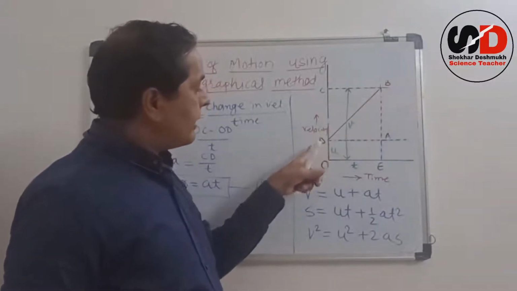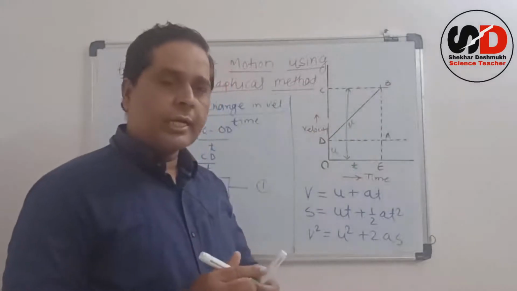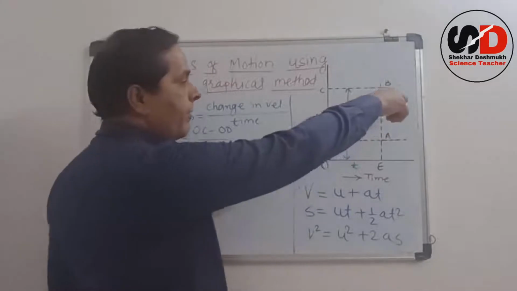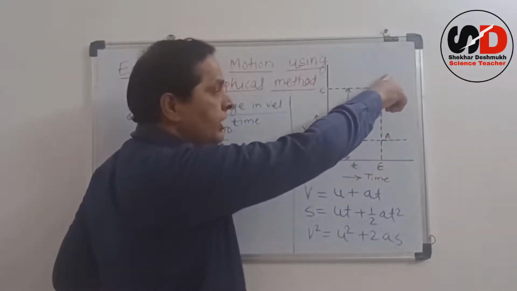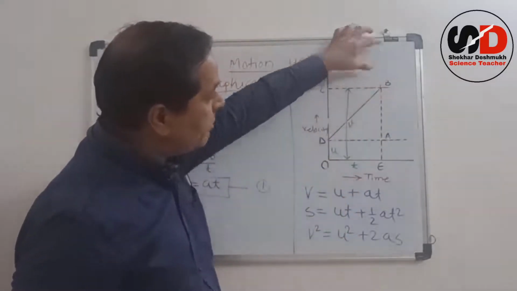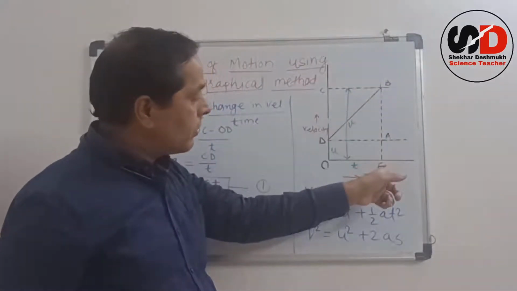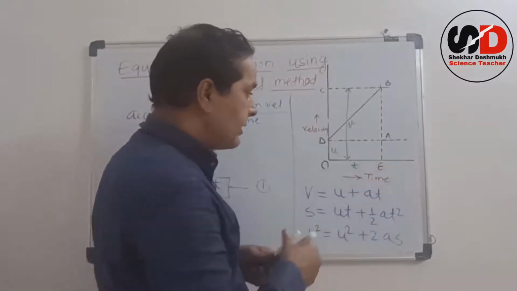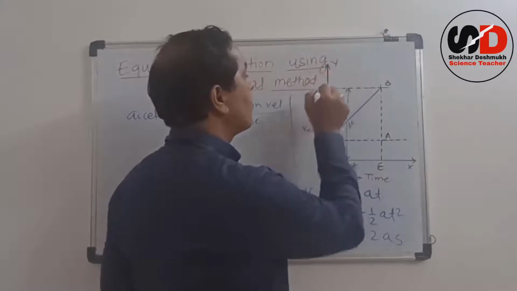The object is traveling from D to B. So in the graph, we already drew here. Take a parallel line to the y-axis which passes through this B and it crosses the x-axis at point E. So this is nothing but the x-axis and this is the y-axis.